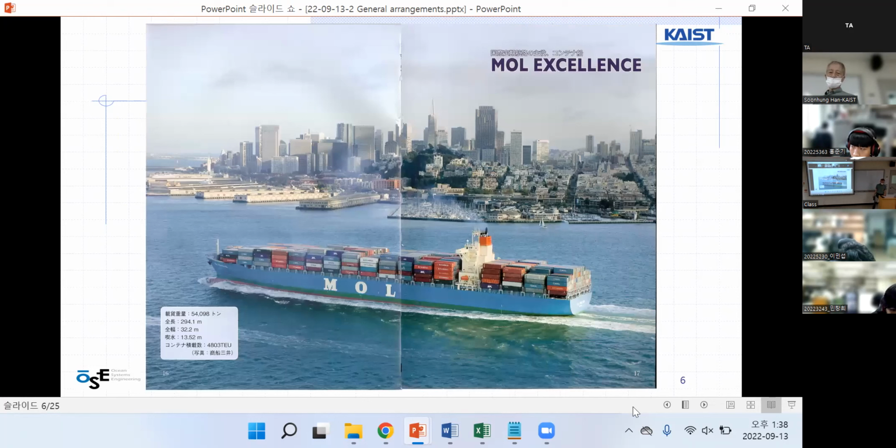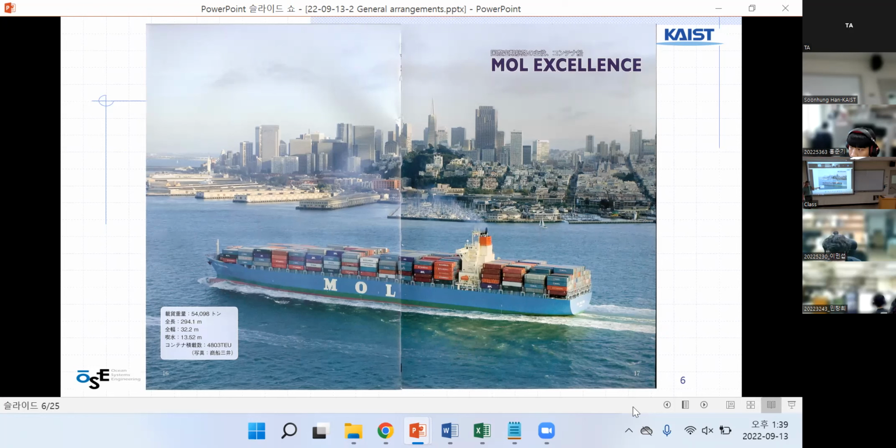And this one is a container ship. MOL is a shipping company name. And then size is 54,000 tons. This is not so big. And length is about 300, and breadth is 32.2 meters.